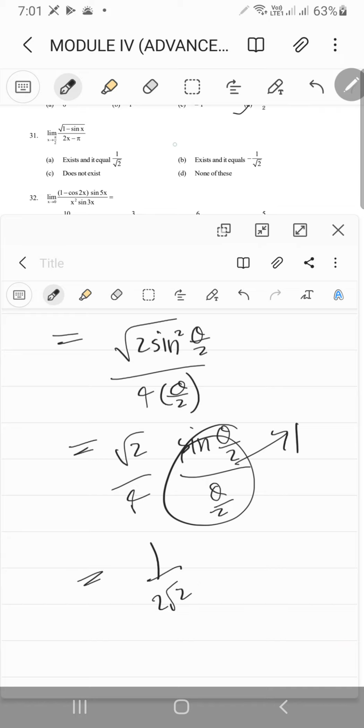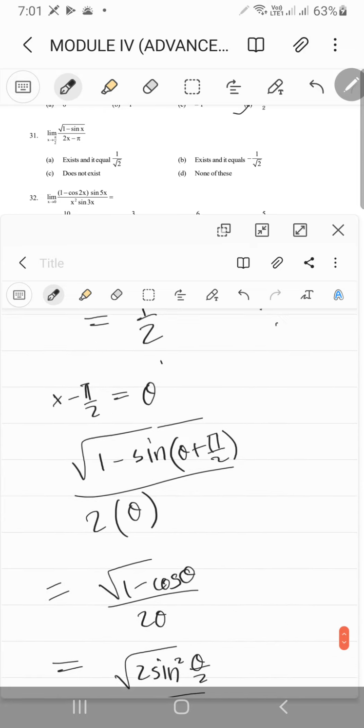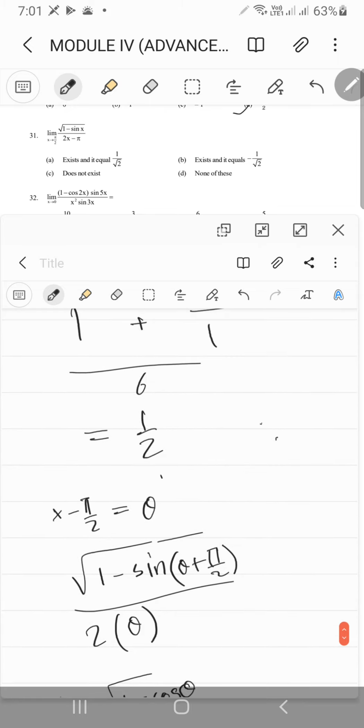It's nothing like this, so it does exist. It's not equal to 1 upon square root 2 or negative 1 upon square root 2, is it? I mean, why would it be negative? Oh yeah, I get it now. This actually, yeah, it does not exist.